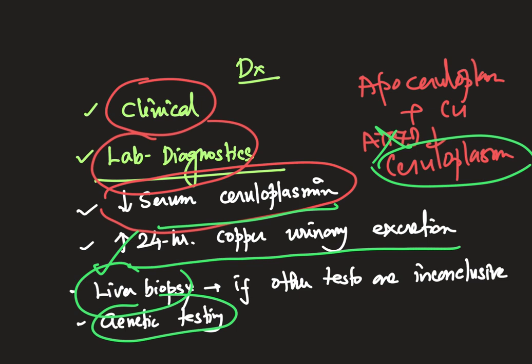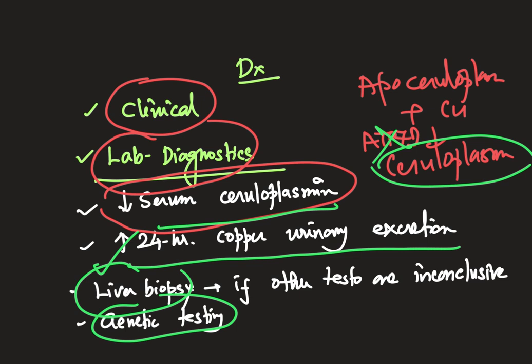So in essence, it's a metabolic disorder which primarily affects the liver initially and then can affect other body parts also. It occurs due to a mutation of the Wilson gene, the ATP7B gene, which plays an important role in two ways.